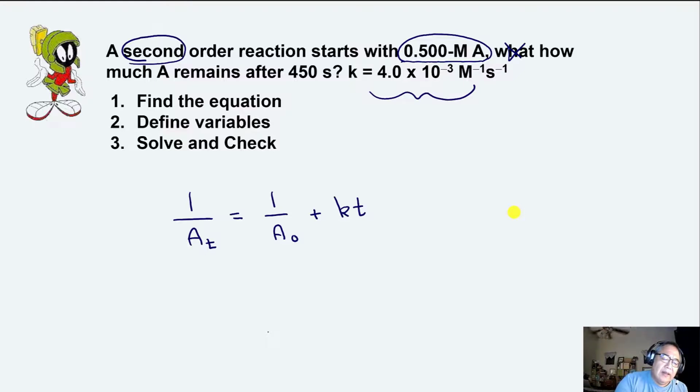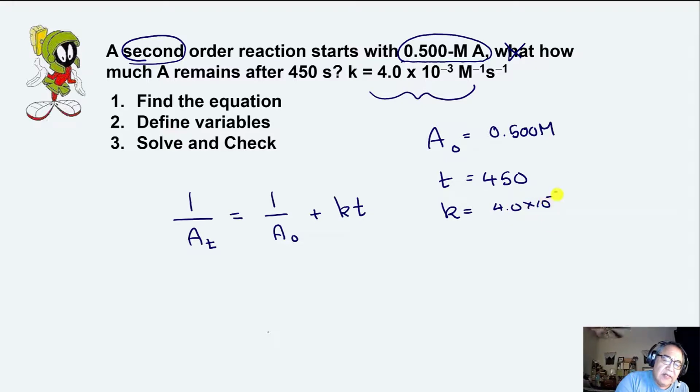So let's figure out what our different variables are. A_0, my initial concentration, is 0.500 molarity. And then after 450 seconds, so t is 450, and k is 4.0 times 10 to the minus third.